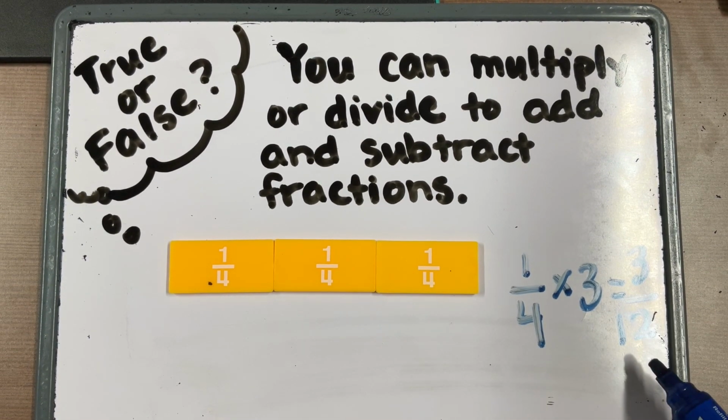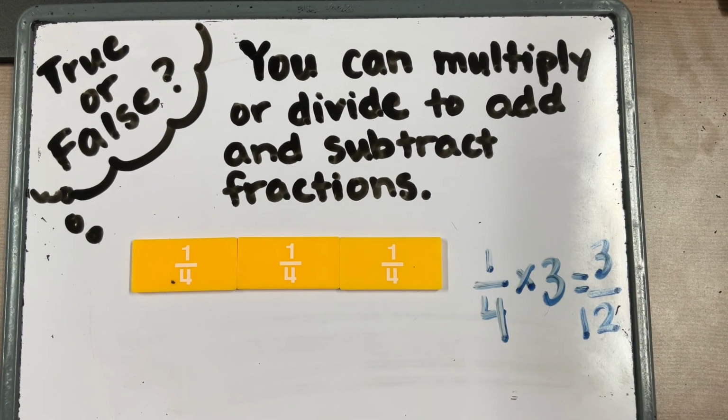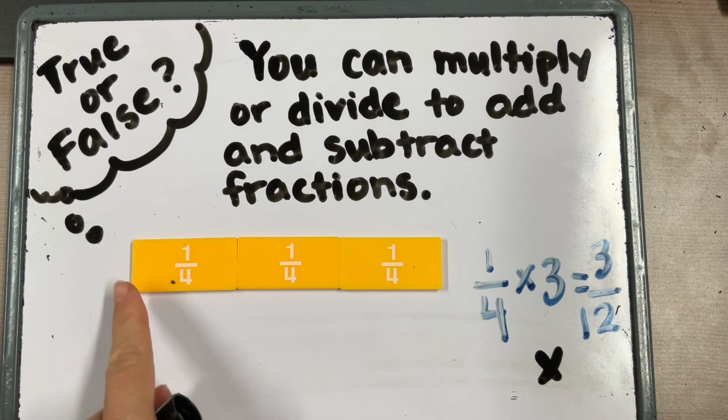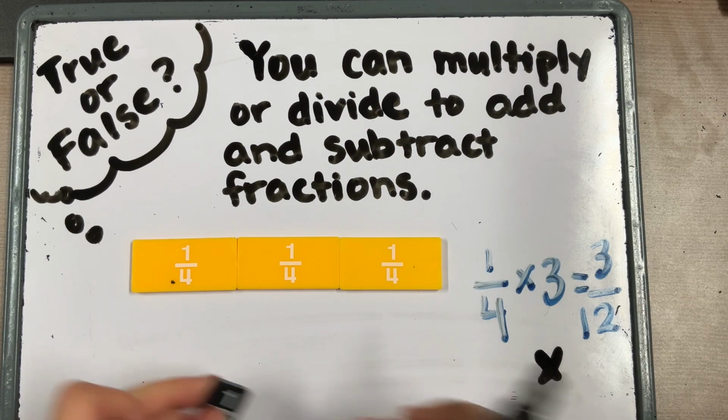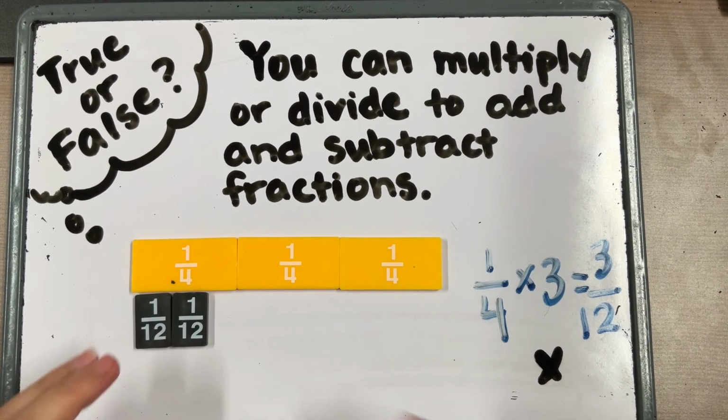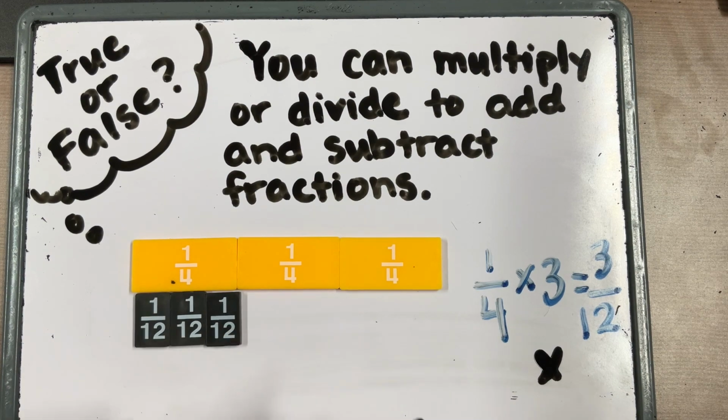So it'd be 3/12. But that wasn't true at all. So that got me very confused, because I can see that is not true here. 1/4 3 times did not be 3/12. If I get 3/12 out, that's not even close to 1/4 3 times. What does this make you think now? Pause the video and discuss.